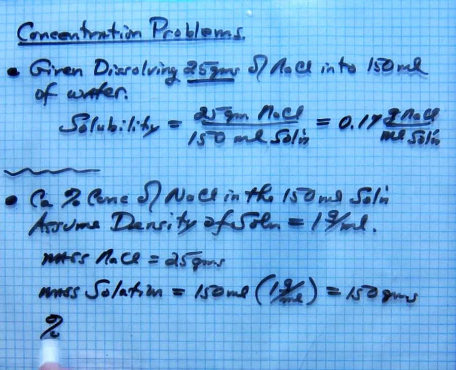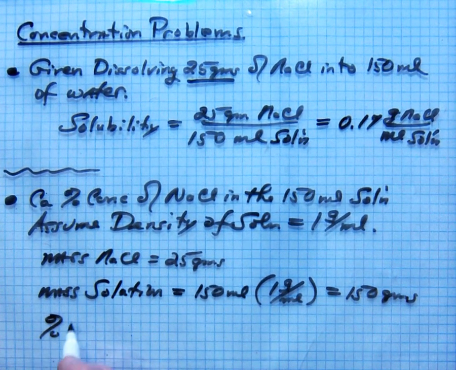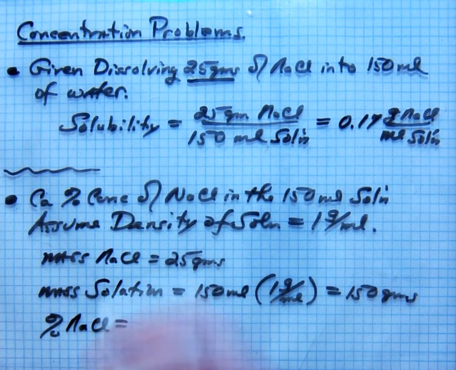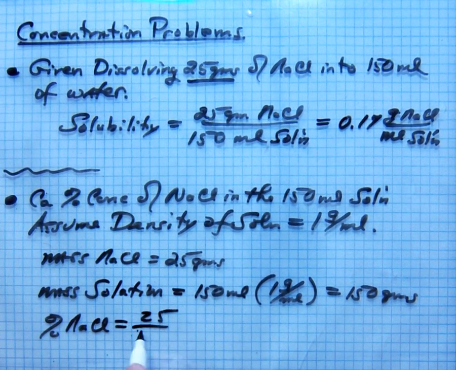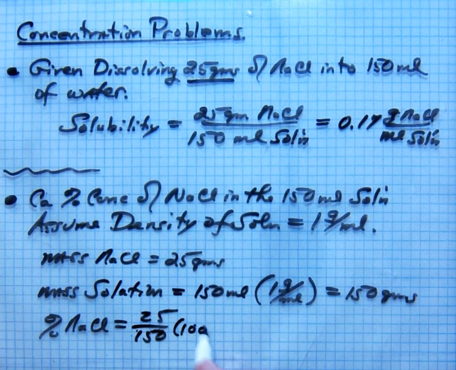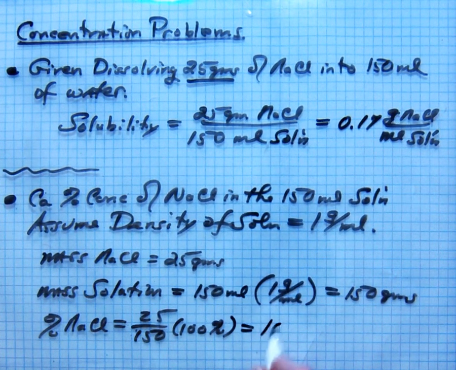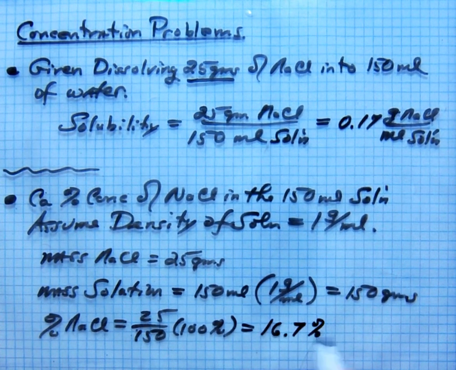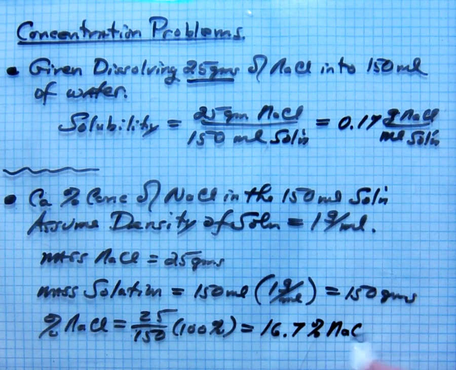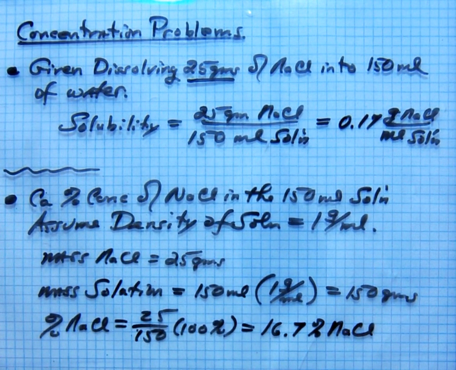So the percent is part over total times 100. The percent NaCl is of course 25 over 150 times 100%. Looks like 16.7% concentration NaCl. Okay.